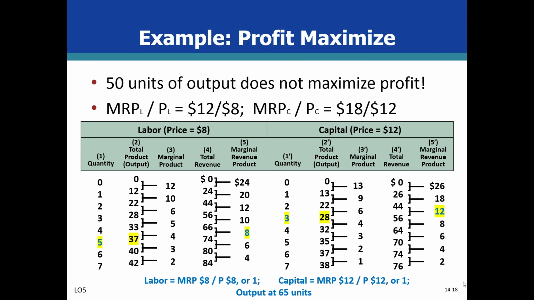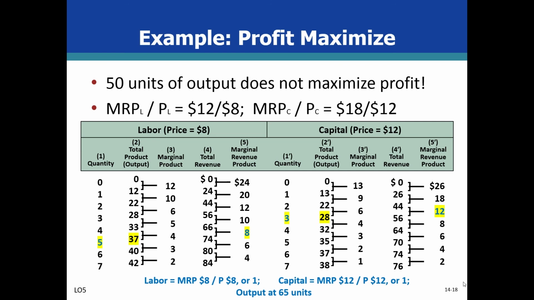50 units of output does not maximize profit. So here we are sitting in a company. We show management that we're operating at the least cost that we can have in the combination of capital and labor.